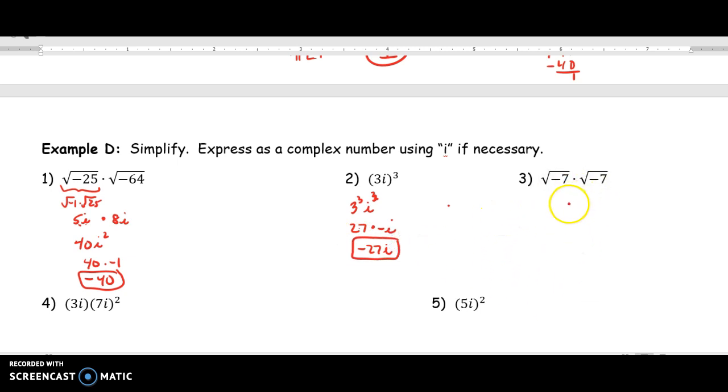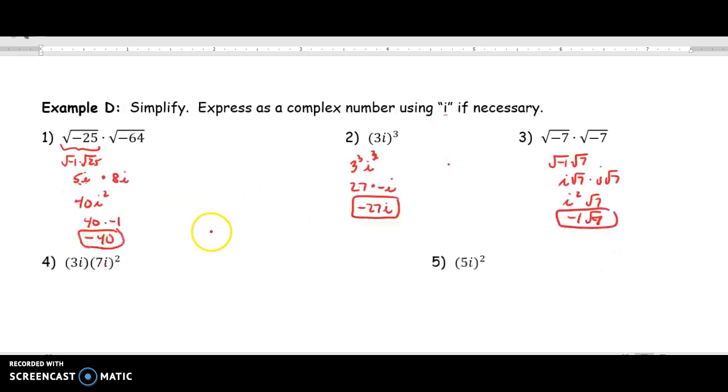Root negative 7 times root negative 7, you should know right away, if you think about it, root negative 1 times root 7, so it's i root 7 times i root 7, which gives you i squared root 7, but i squared translates to negative 1 root 7. Oh, sorry.